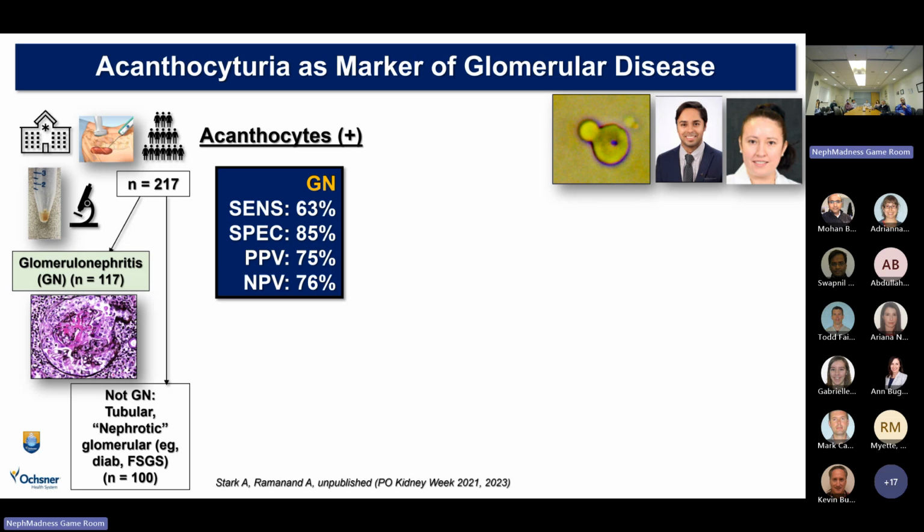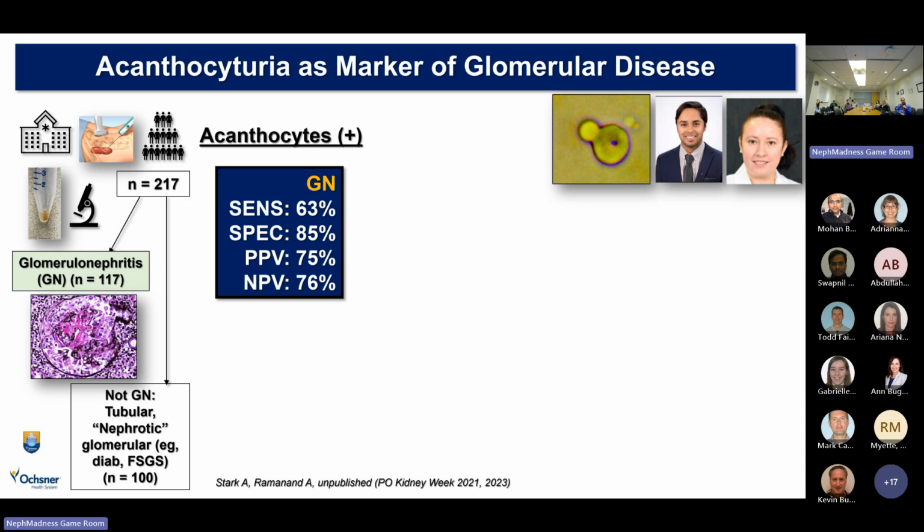Now, why wasn't it 100% if it is glomerulonephritis? Well, because we were very specific looking for glomerulonephritis, meaning proliferative GNs, IgA nephropathy, ANCA vasculitis, lupus nephritis, all those type of GN, nephritic GNs by definition.